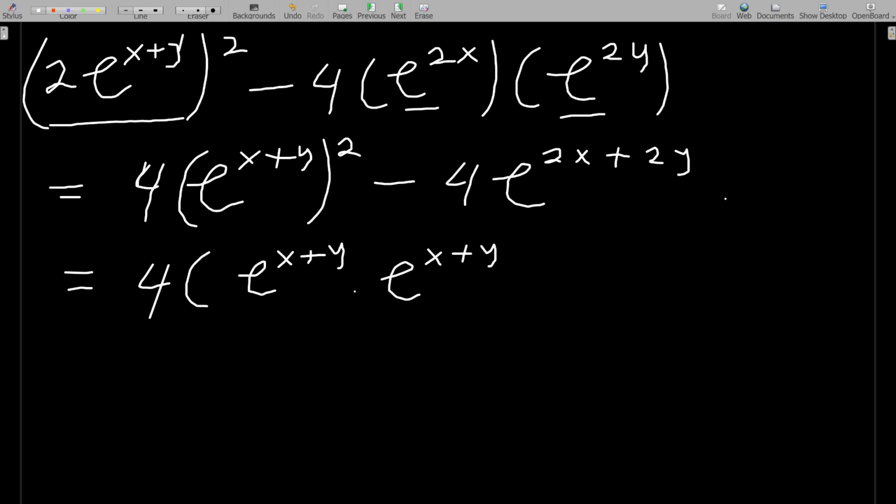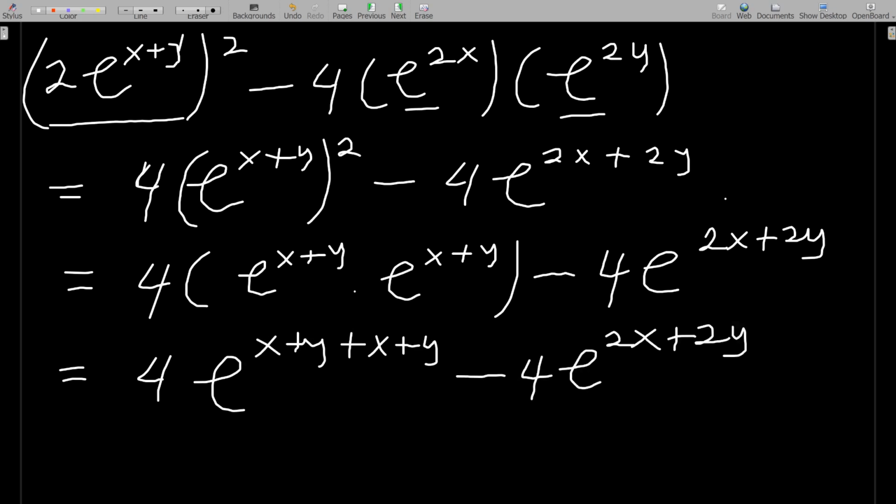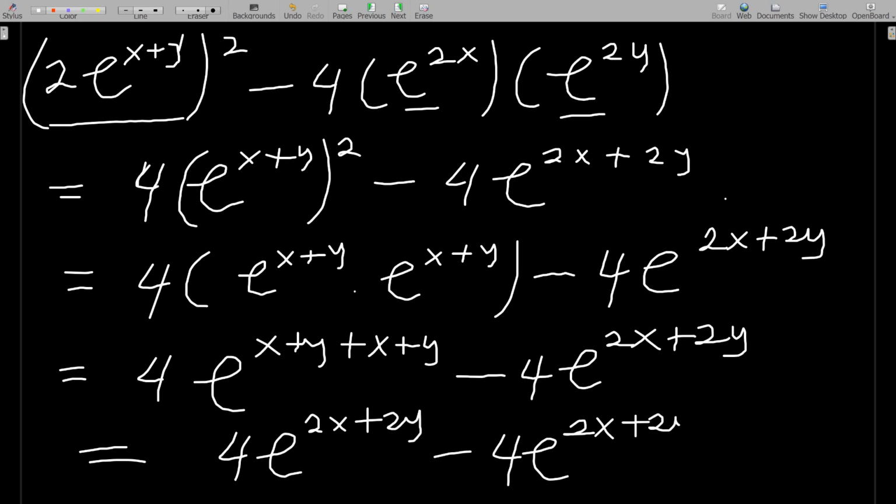There's a way of just writing the final answer here, but I want to go through it so you understand. This will be 4e to the 2x plus 2y, minus 4e to the 2x plus 2y, adding the powers x plus y plus x plus y.